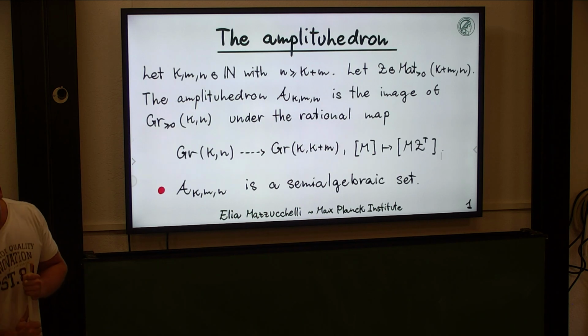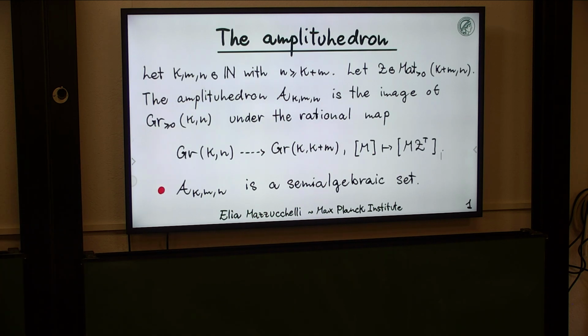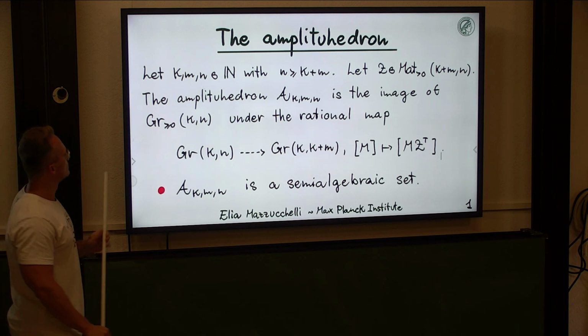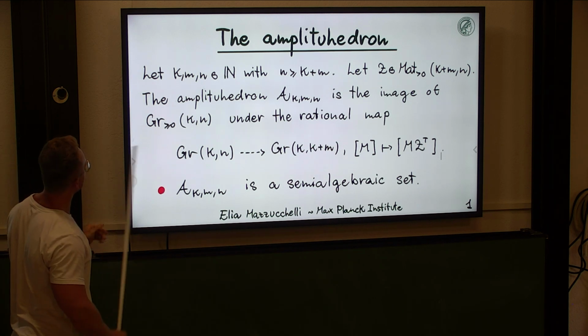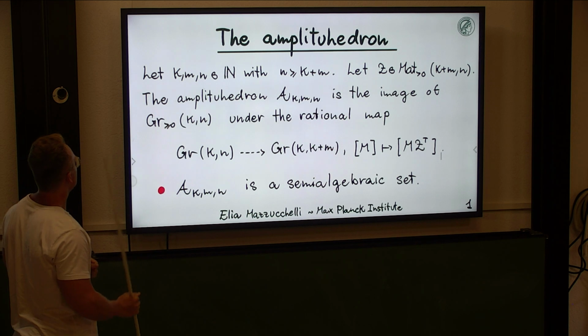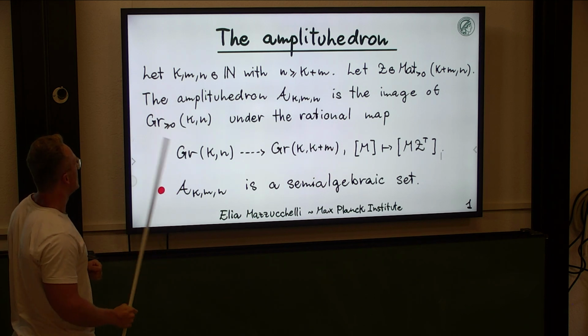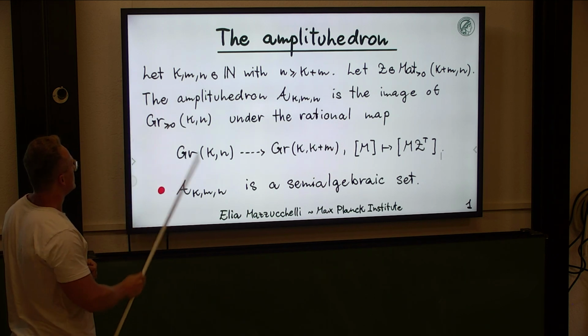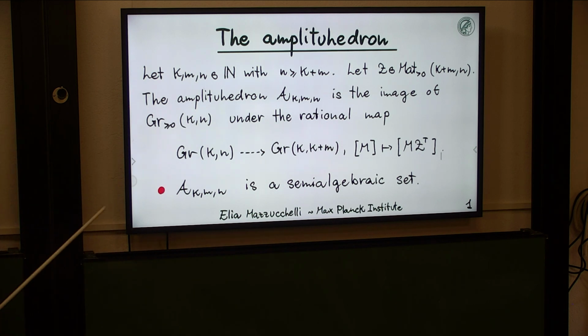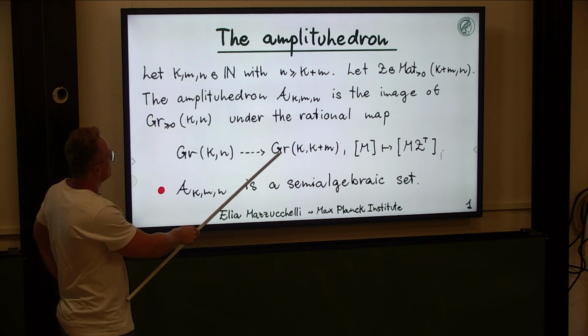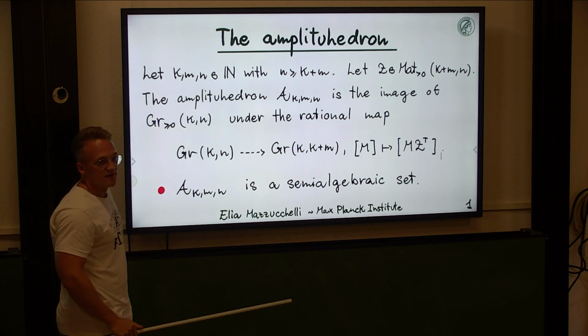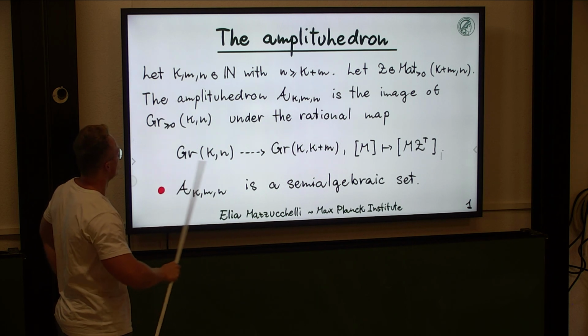volumes. So let me just give you the definition of the amplituhedron. I think we already saw this morning, but for the sake of completeness, we fix three positive integers k, m, and n, with n greater or equal than k plus m. We take a positive matrix Z, which is (k plus m) by n, and then the amplituhedron is a semi-algebraic set in the Grassmannian Gr(k, k plus m), defined as the image under this projection.